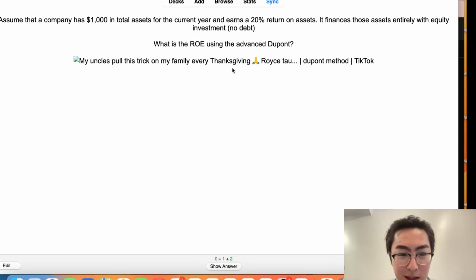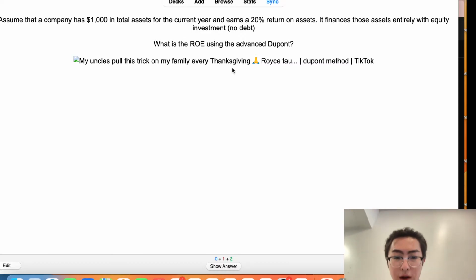I think this question is a bit more simple than it seems. Return on assets is 20% on $1,000 of assets, that's $200 in profit. The company is entirely financed with equity, so the return on equity should just be $200, or 20%.